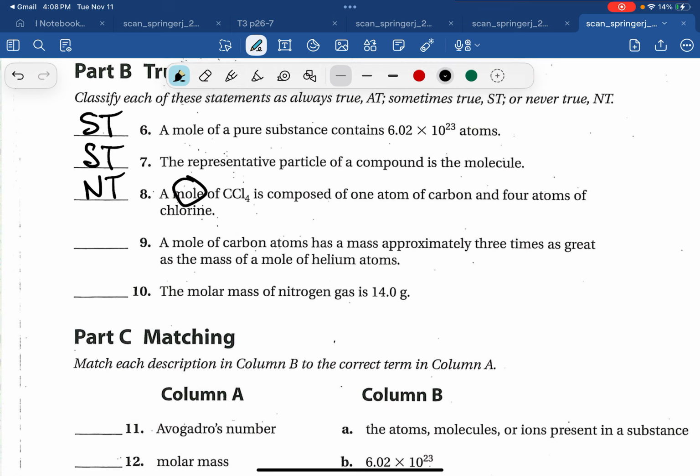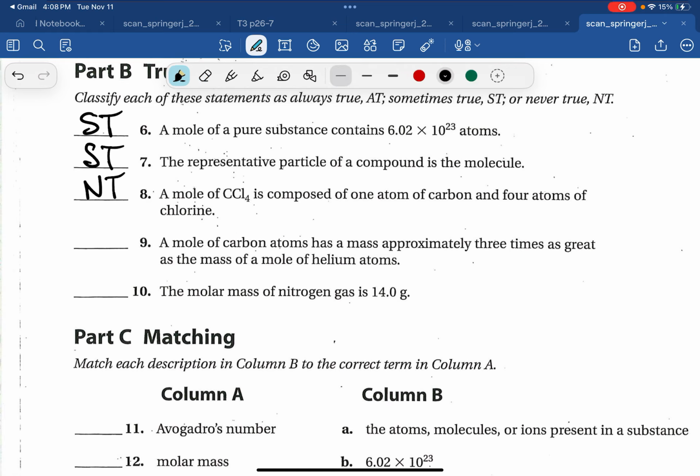If it said a molecule of CCl4 is 1 atom of carbon and 4 atoms of chlorine, then that would be always true. But since they're asking about a mole, it would be 1 mole of carbon and 4 moles of chlorine atoms, but that's not what they asked. So we have to say never true on that one.